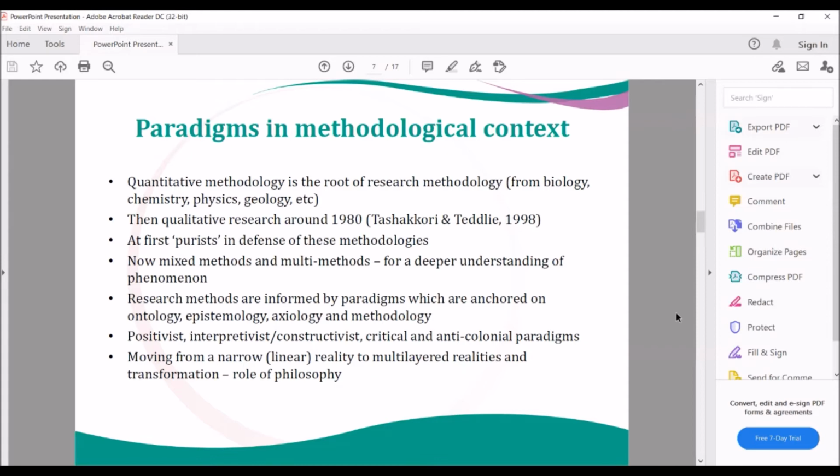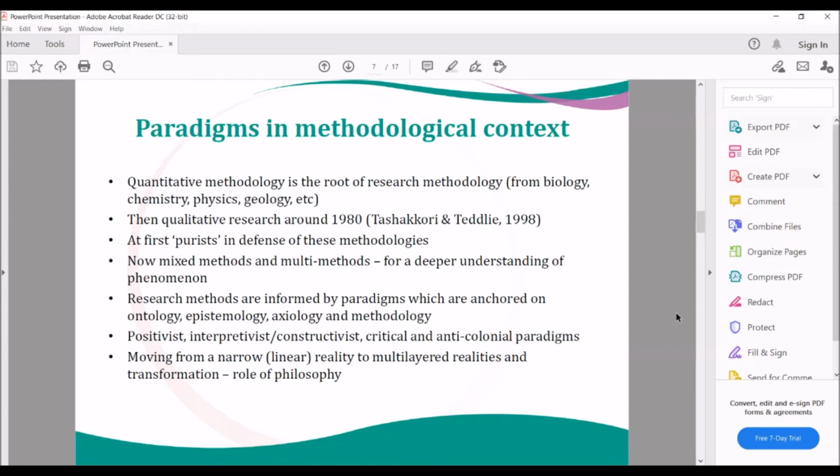And quantitative research was therefore pushed to try and protect that territory, to maintain it and universalize it.